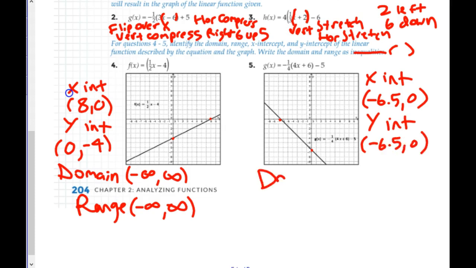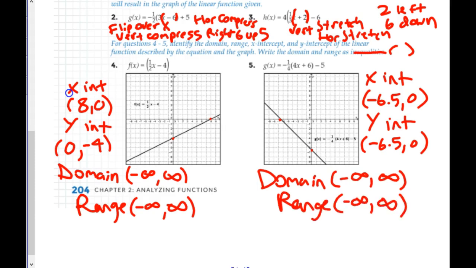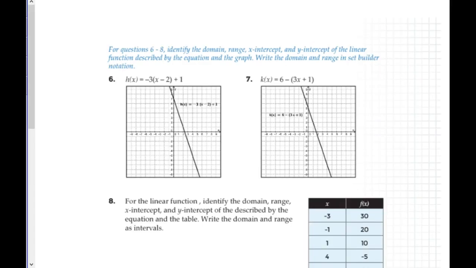The domain and range are negative infinity to positive infinity. Okay, domain, range, x-intercept, y-intercept. Now, again, you can graph this and get the x-intercept and the y-intercept.